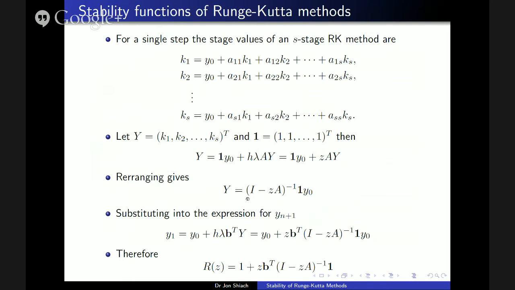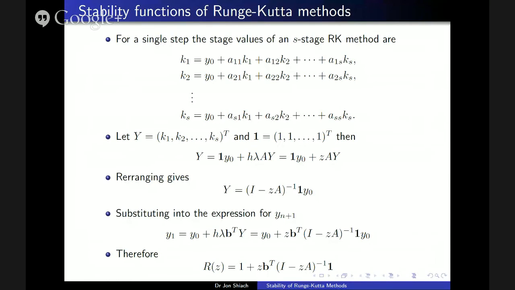Okay, so if we substitute in the expression, y_{n+1}, y1, which is my one-step solution, is equal to the current step plus z times my b values. Remember, b values are multiplied by the k1, k2, k3. In the fourth order Runge-Kutta method, which you should be very familiar with by now, b is a sixth, a third, and a sixth.